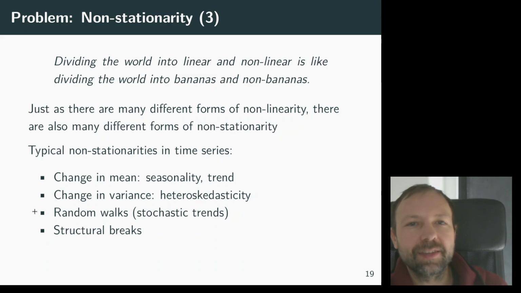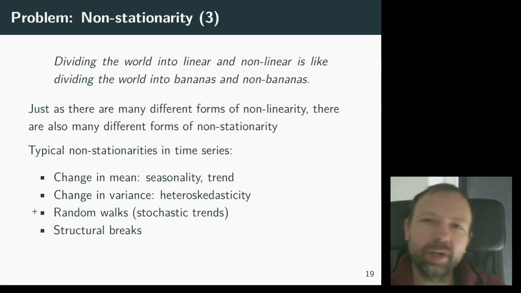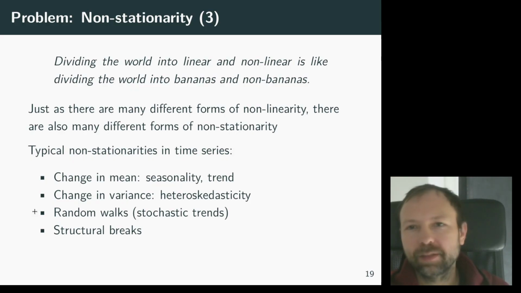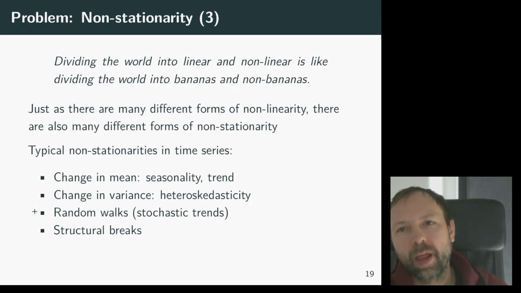There's this joke that I actually got a long time ago from Rob Hyndman's forecasting webpage that says dividing the world into linear and non-linear is like dividing the world into bananas and non-bananas, right? So on the one hand, linear, banana, we know exactly what that is. It's very well characterized. And then non-linear is just everything else, right? Okay, so non-bananas, everything that is not a banana.